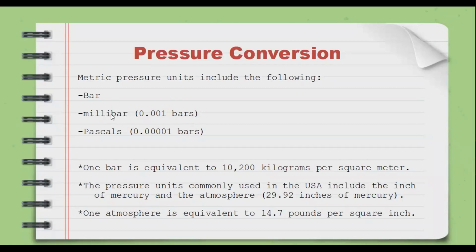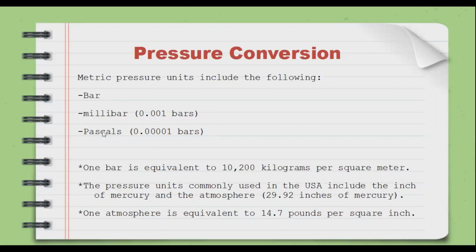From millibars to bars, you have to consider the prefix milli, which means 1 times 10 raised to the negative 3. And the pascals means 1 times 10 raised to the 5th power.